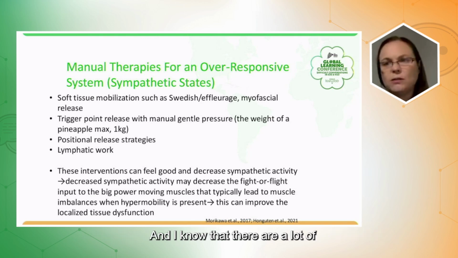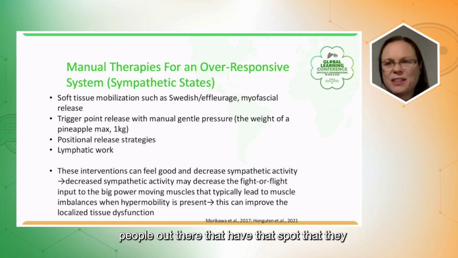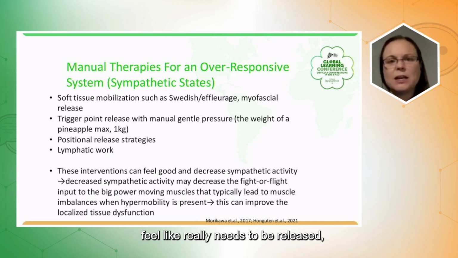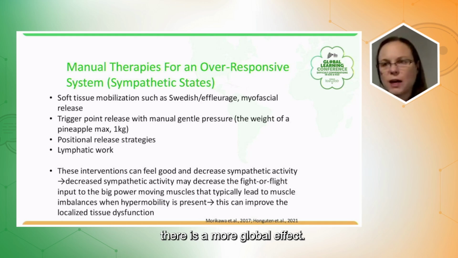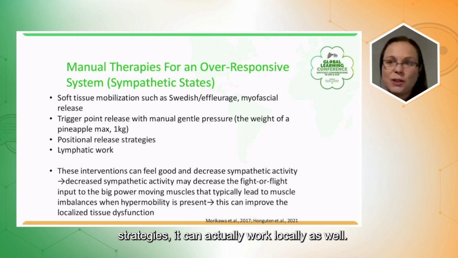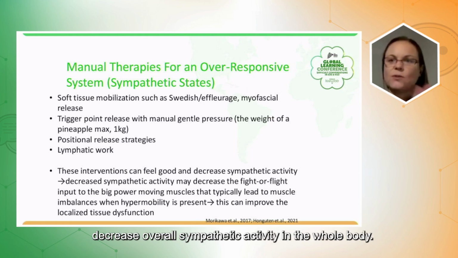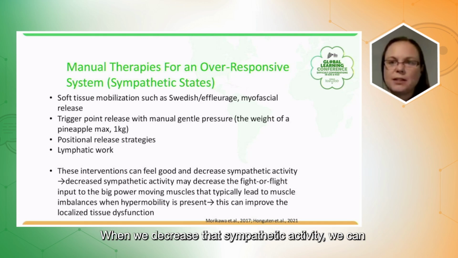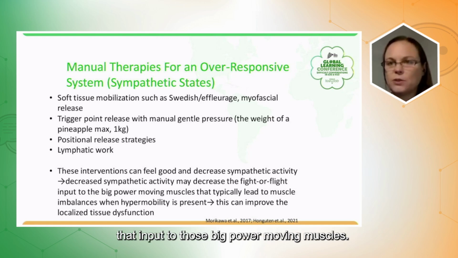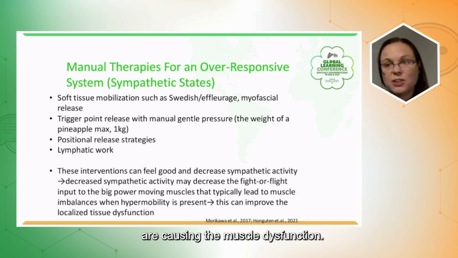And I know there are a lot of people out there who have that spot that they feel really needs to be released. But we have to remember that there is a more global effect, and if we're using some of these strategies, it can work locally as well. These interventions generally decrease overall sympathetic activity in the whole body. When we decrease that sympathetic activity, we can also decrease the fight or flight response and the input to those big power-moving muscles, which are usually the ones causing the muscle dysfunction.